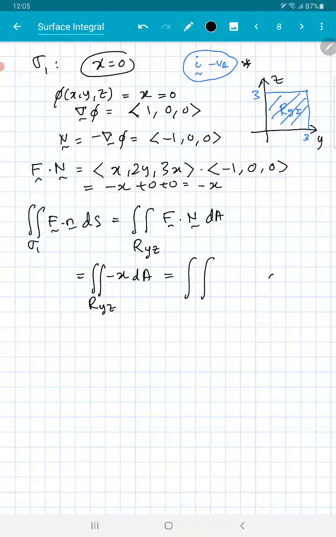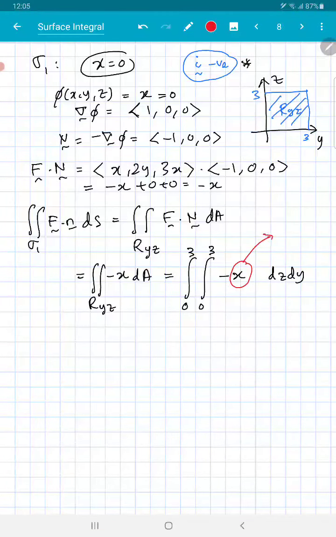That would be dz dy or dy dz. It doesn't matter because it's a square. You can do it either way. So y is from 0 to 3, z is also from 0 to 3, and then we have negative x here. Now the integration is with respect to z and y, so that x must be replaced with our surface.